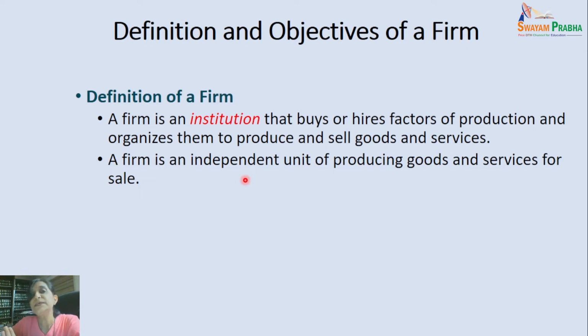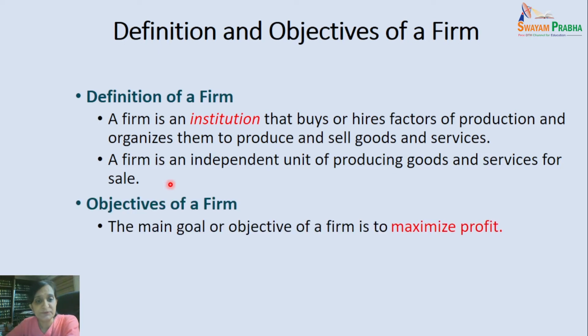So please keep this difference between firm and industry in mind, that a firm is an independent unit whereas an industry is a group of firms which are doing a similar kind of business. So I understand that this definition of a firm is understood by you now. So a firm is an institution that is buying or hiring factors of production, organizing them to produce and sell goods and services. Right.